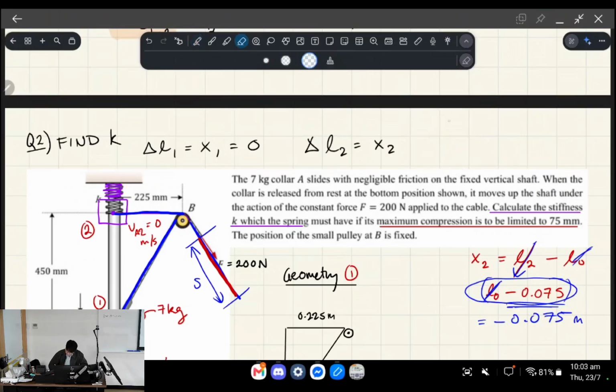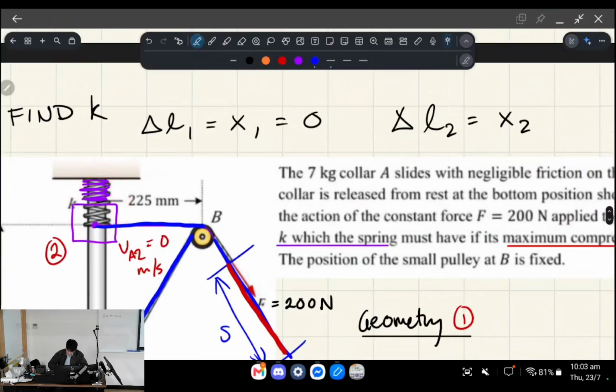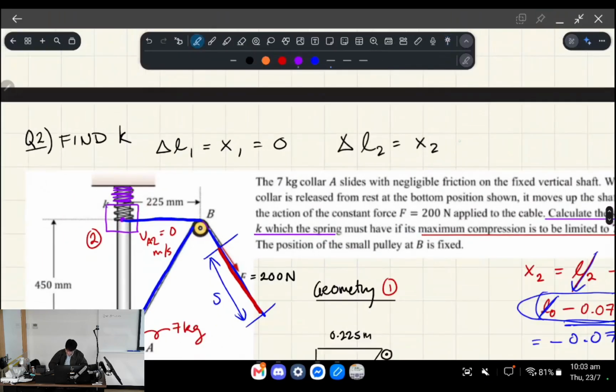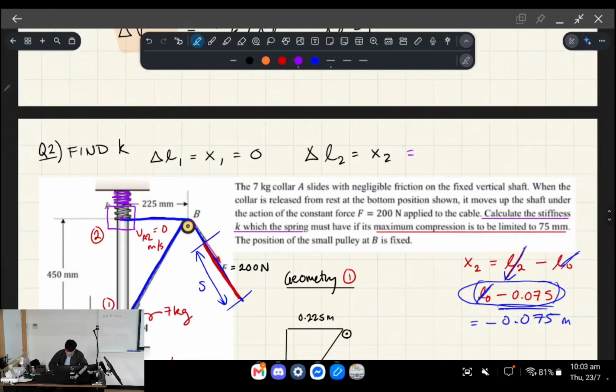What you can do is just look at the spring and think, how much has the spring deviated from its equilibrium position? In other words, how much has it compressed? And it tells you in the question already. It tells you that it has compressed 75 mm, which is negative 0.075 meters. So negative means compression, right?